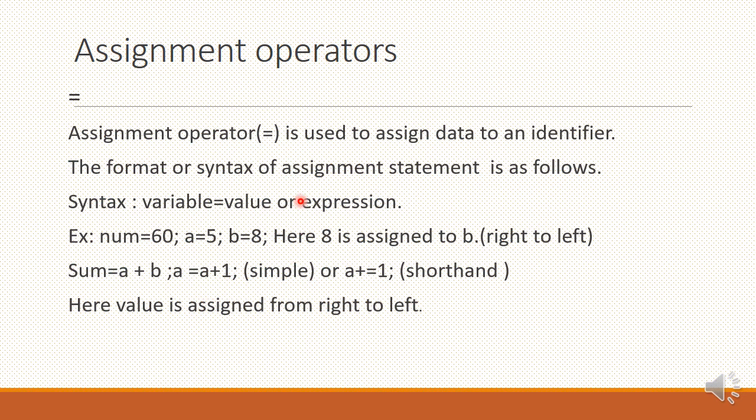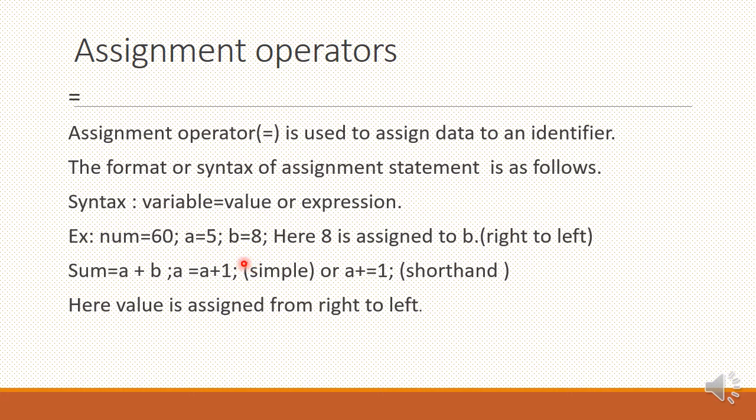Always, the value is assigned from right to left. Another important thing here: you can ask the question, or you may be thinking, why do we have to write like this? Can I write 60 equal to num, or 5 equal to A, or 8 equal to B? Is it possible?